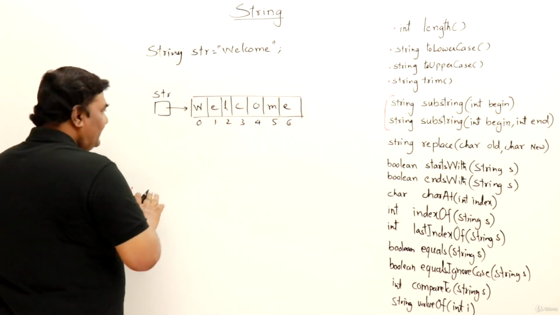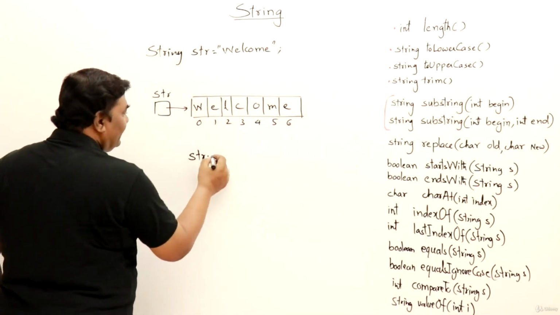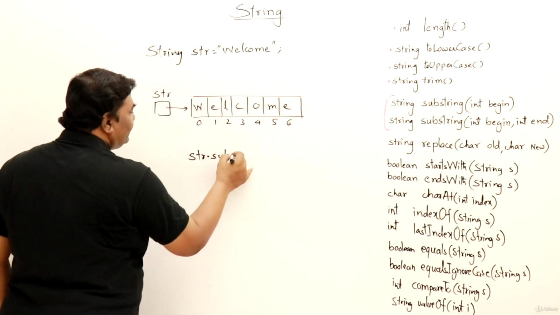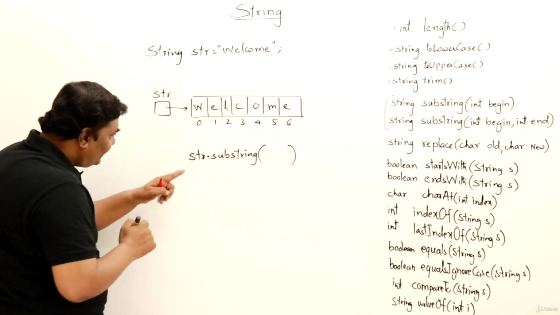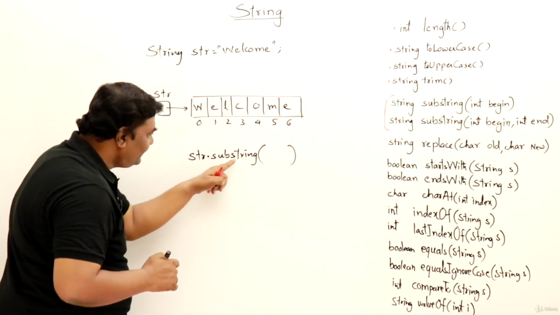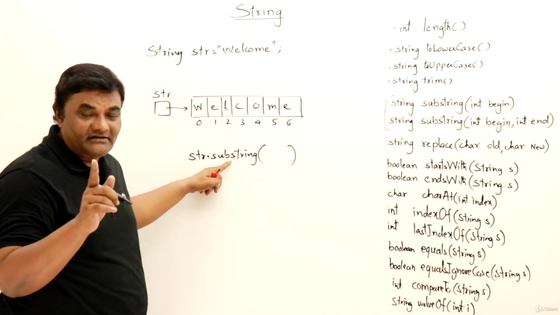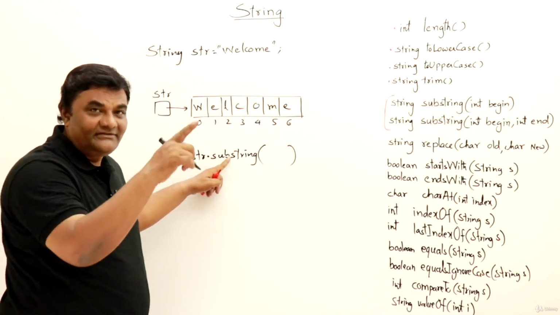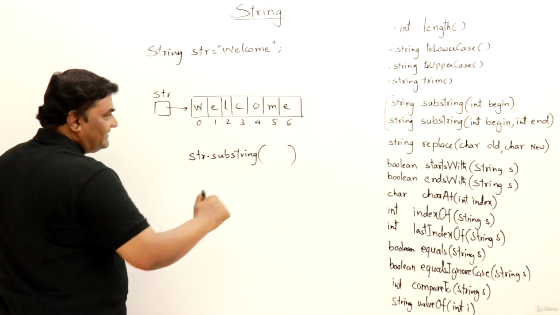For example, if I say str dot substring, I have to give the index here. One more thing to observe: substring is a single word, not two words, so don't take the second word as capital S. Everything is in lower case.